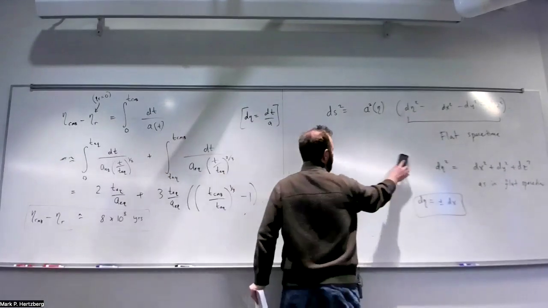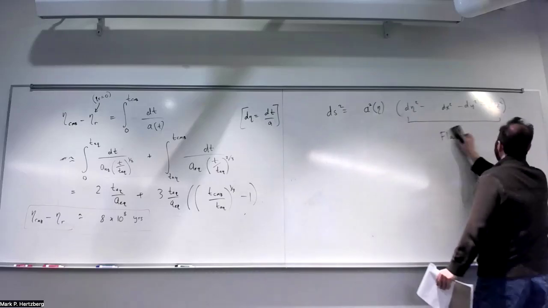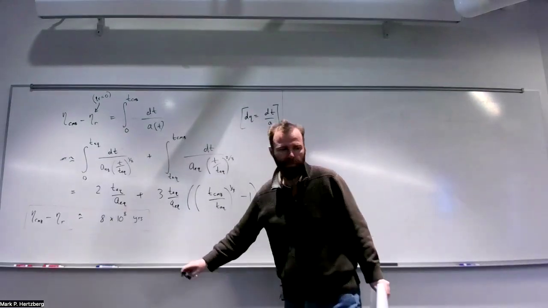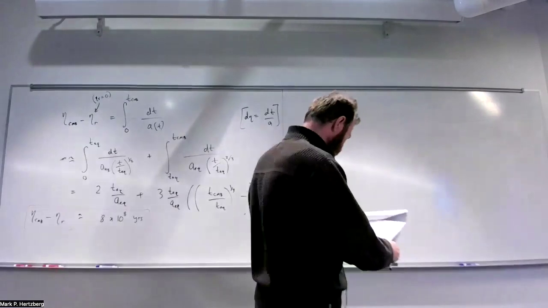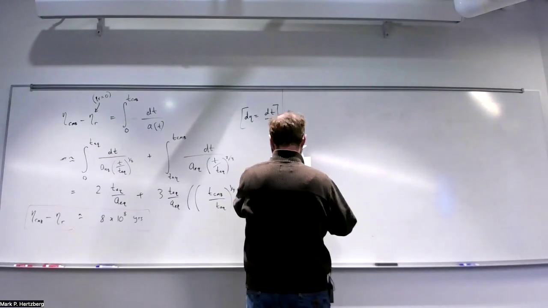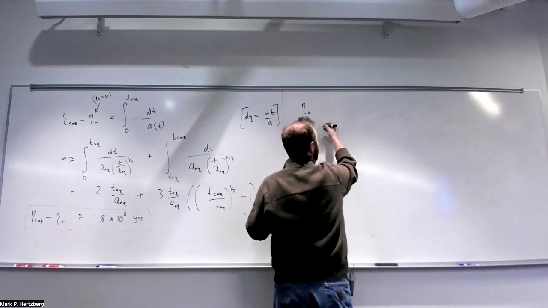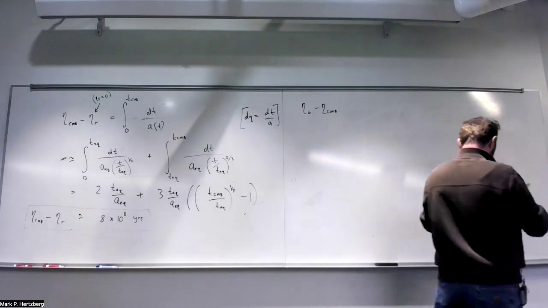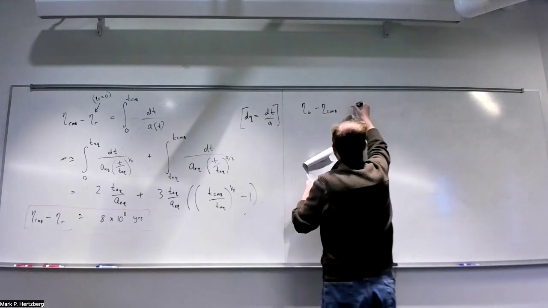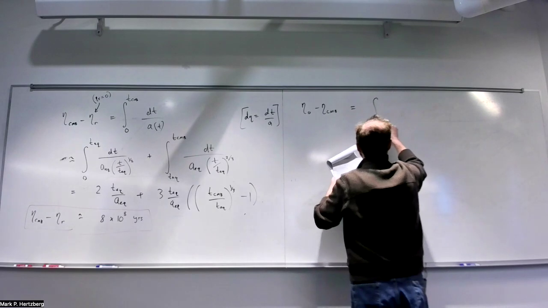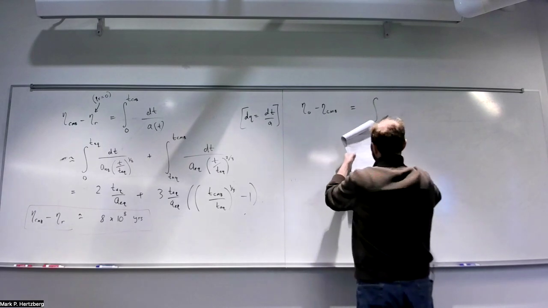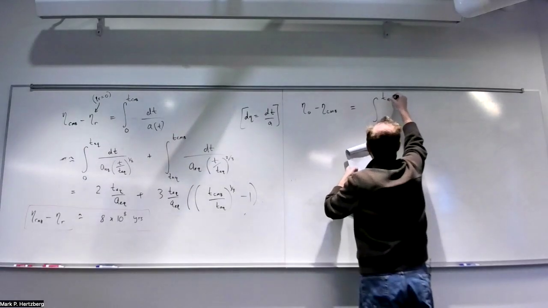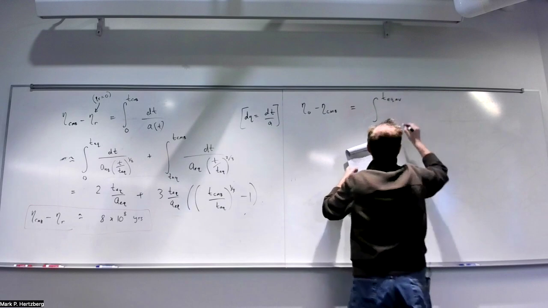We have to do the second integral. Okay, so the integral from the CMB to today. We could write that as T CMB to T matter-vacuum equality.